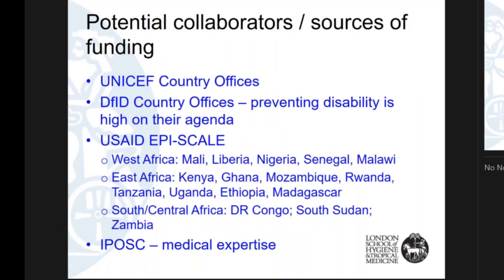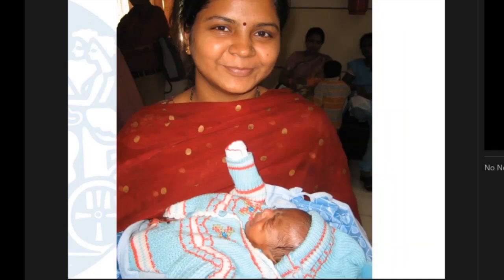USAID are supporting newborn care in a number of African countries through their EpiScale program, and the International Pediatric Ophthalmology and Strabismus Council are an excellent source of medical expertise around the world. And so our aim is to reduce blindness from RoP amongst preterm infants, and here you can see a very happy mother who was herself a neonatologist, and her baby has just been treated for RoP.